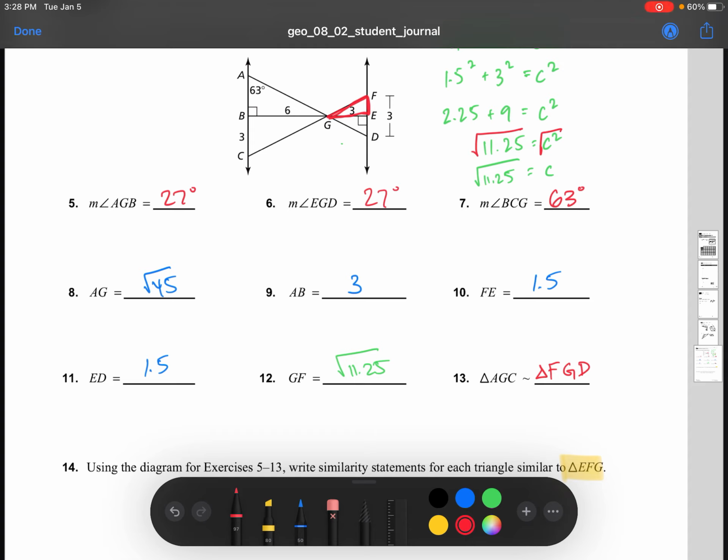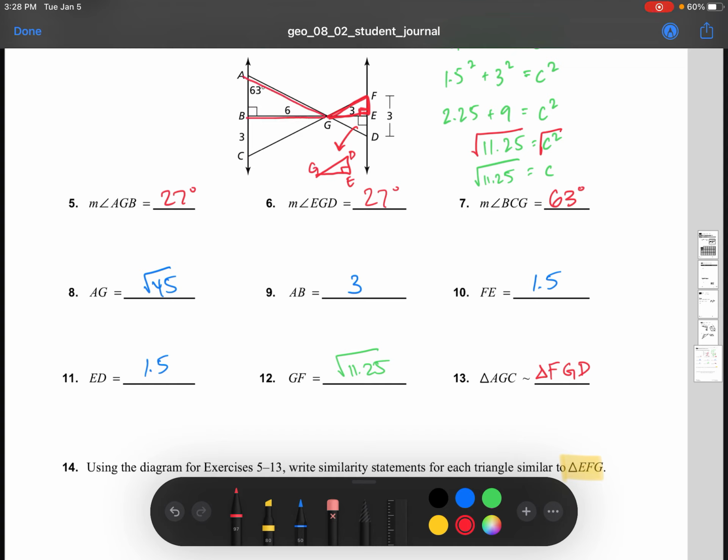What I'd like to do is take the other 3 triangles and rotate or reflect them so that they have the same orientation as EFG. If I take the other small triangle and reflect it, then we would have E, D, G.